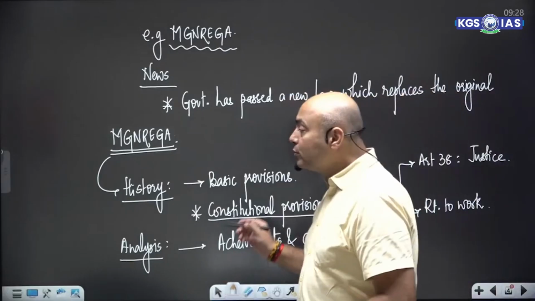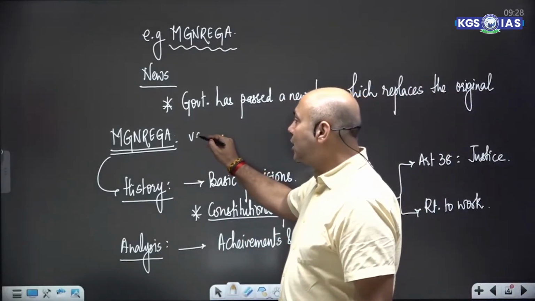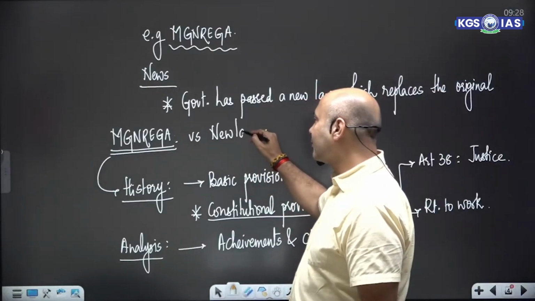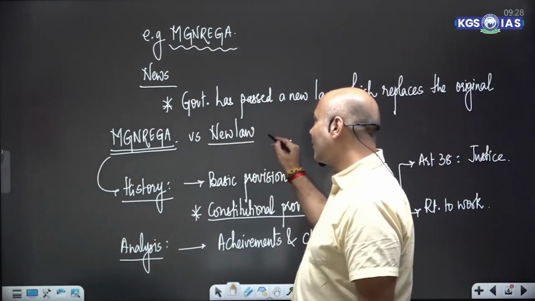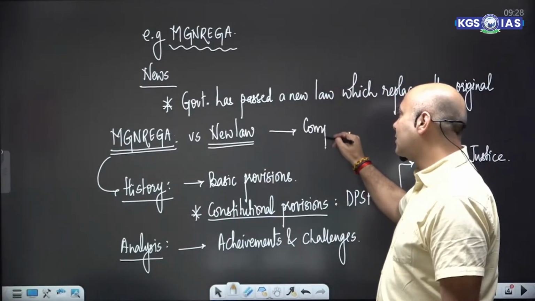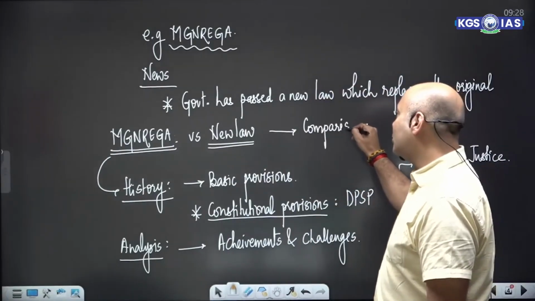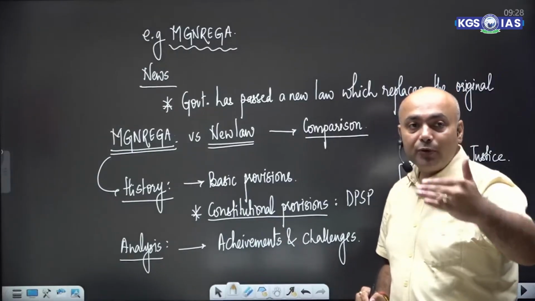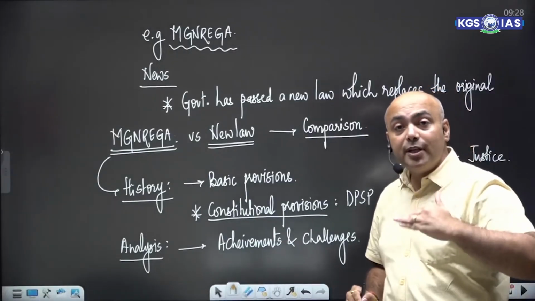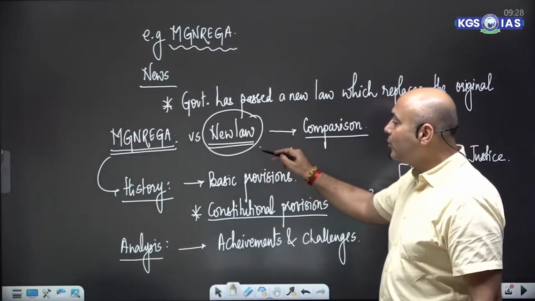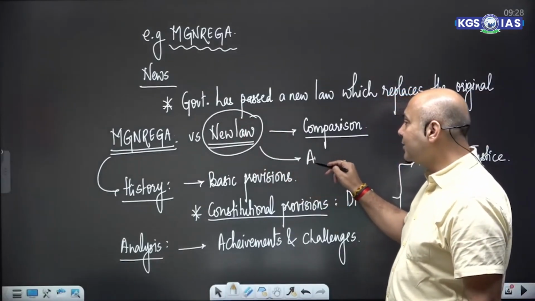Now you are also supposed to know about what? A comparison with the new law, a comparison. So you are supposed to also know about what was the previous provisions in comparison to what is the new provision, and you are also supposed to know about the analysis of it.